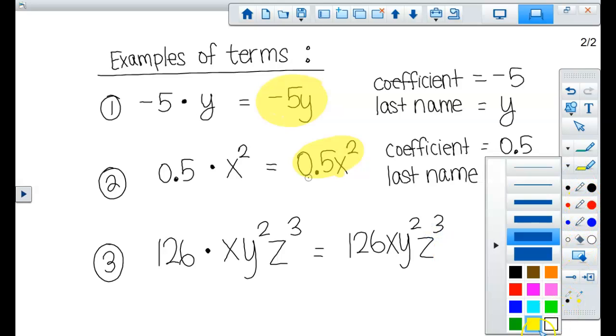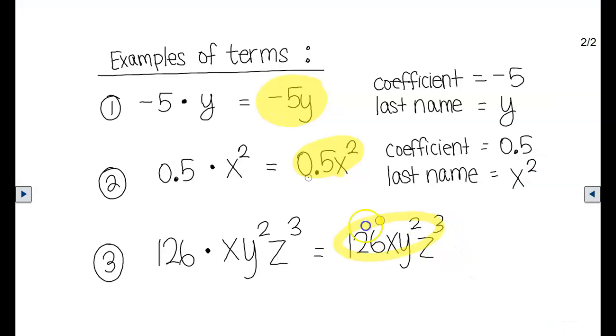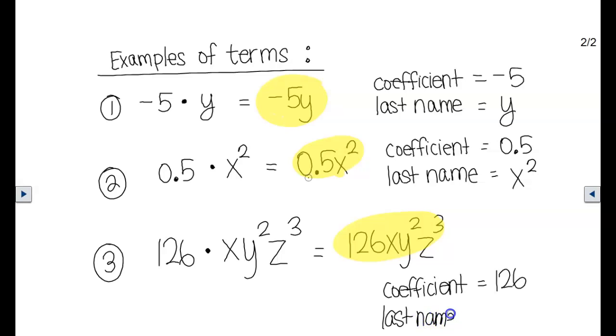So this is my term. It has a number part and then a variable part. In this term that I've written here, my coefficient, or the number part, would be the 126, and the variable part, or the last name, would be x, y to the second, z to the third.